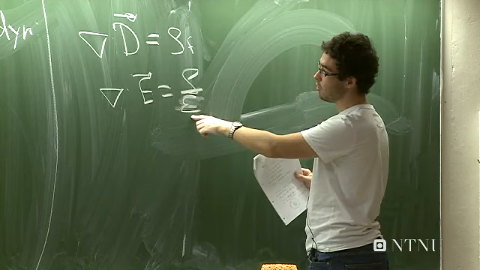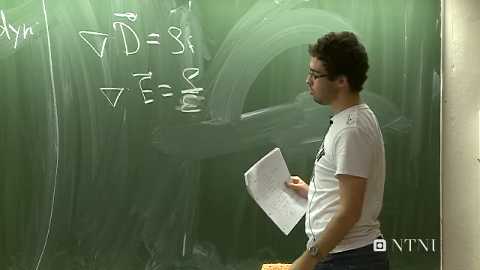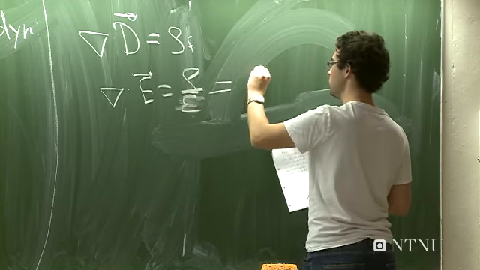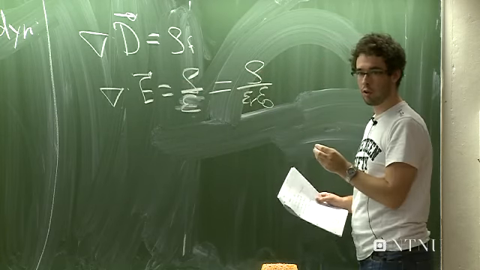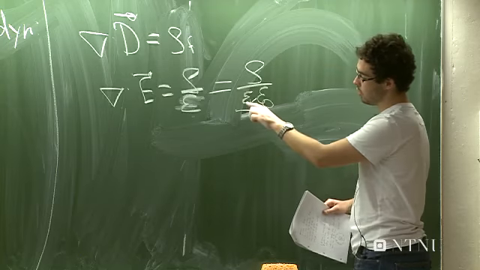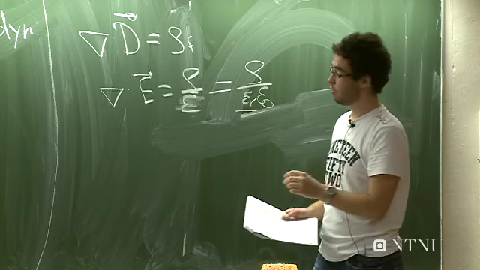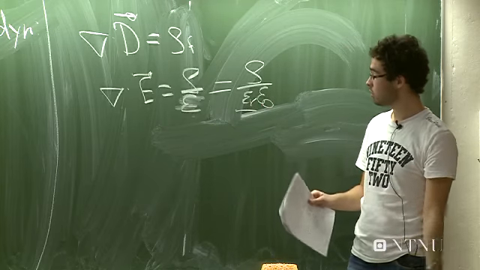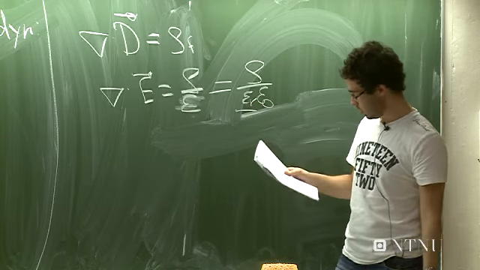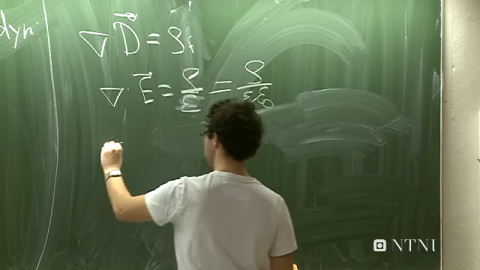This is now the epsilon for the material. If I write it in the following fashion, you'll see that this epsilon here is a damping factor. So it effectively dampens the electric field inside a material. So you could just call it a damping factor or a reduction factor.